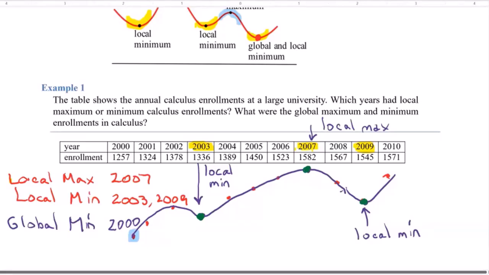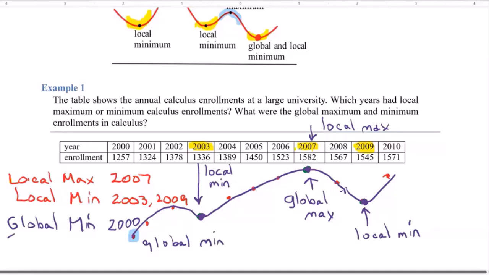And then we look through our numbers, and so far it looks like 1582 is our biggest value. That means this is also a global max. This is our global min.